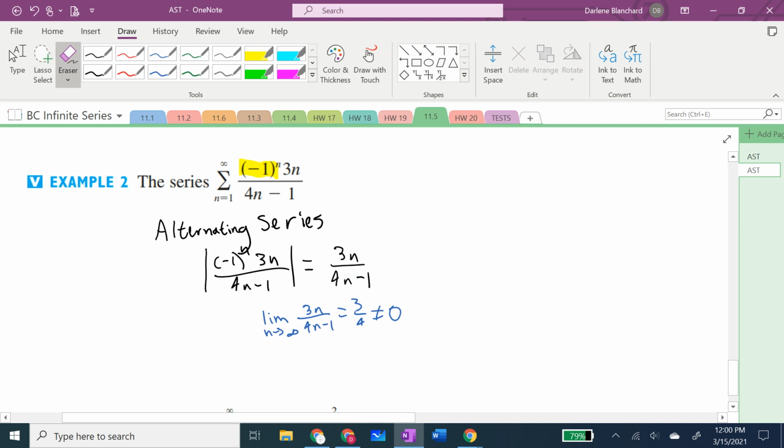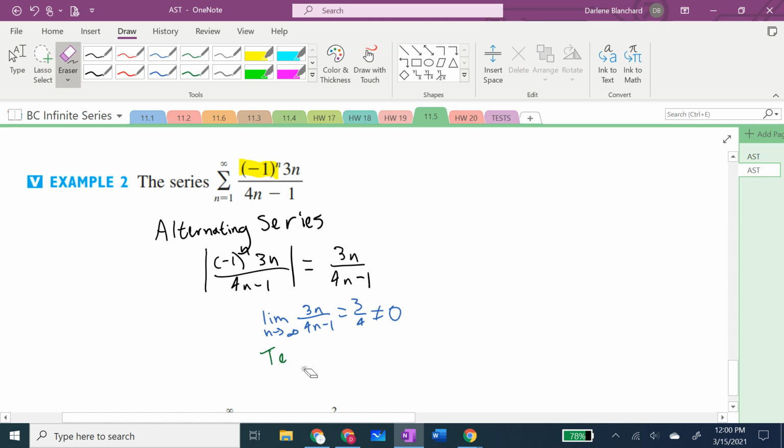Actually, regardless of whether it increases or decreases, the fact that this limit is not 0 is a deal breaker. Alternating series cannot be used. That means this test fails.